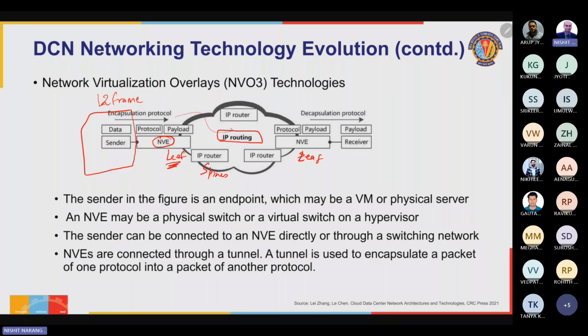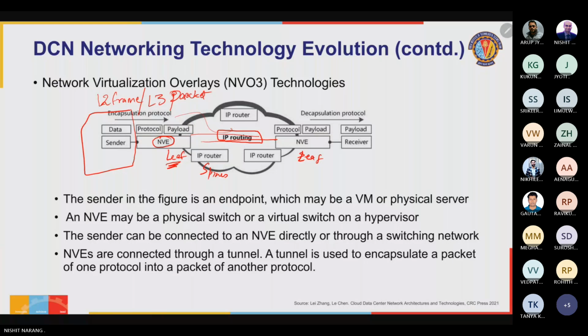This is typically like your VPN, setting up a VPN over the data center network. So NVO3 is a tunneling technology. It's a layer 3 tunneling technology where you take any data coming from a server. That could be a layer 2 frame. It could even be a layer 3 IP packet. I don't care. We call it a, what do you call it? The term is, yeah, packet only, right? Datagram is at the transport layer.